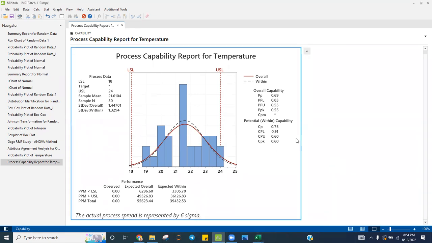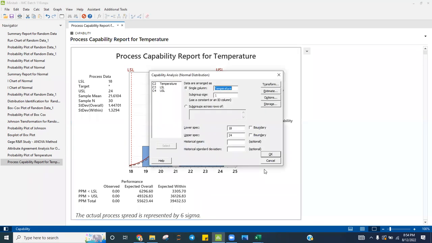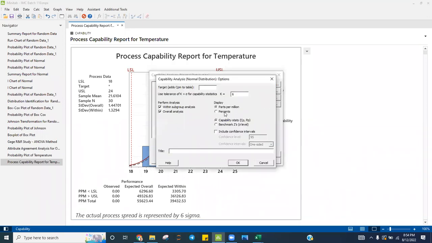Let's see, I did not tell you yet the sigma calculation for this data. So if I edit this graph, Control E, you can use as an edit, go to the option, and you can select the percentage as well as the benchmark sigma. Instead of parts per million or capability, you can use percentage or benchmark sigma.